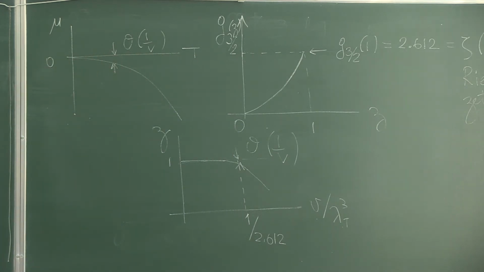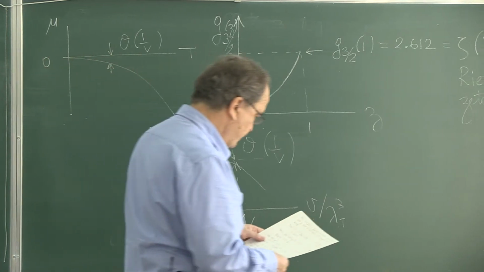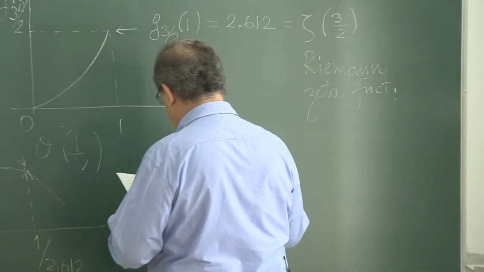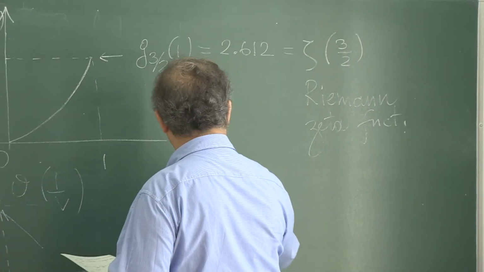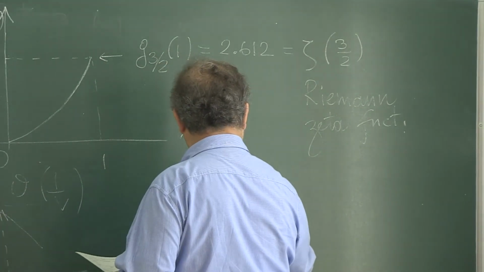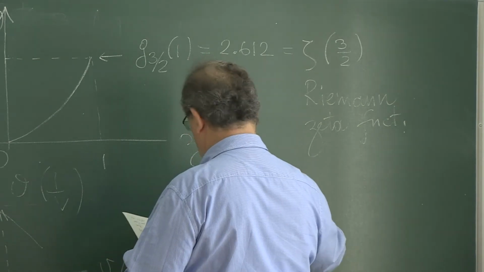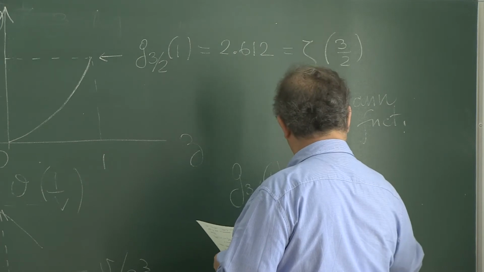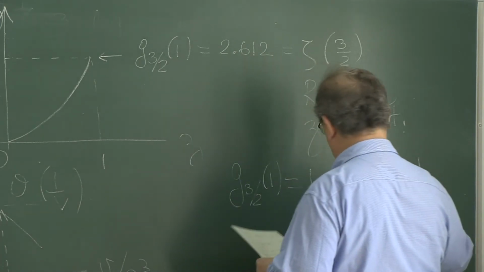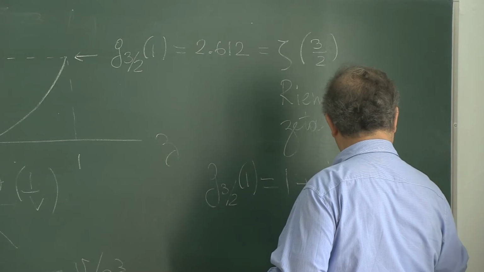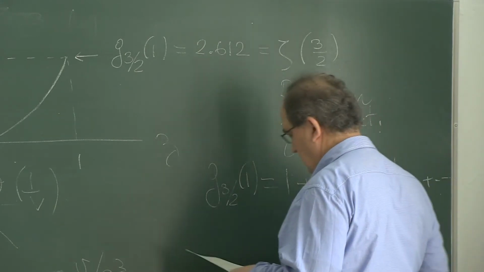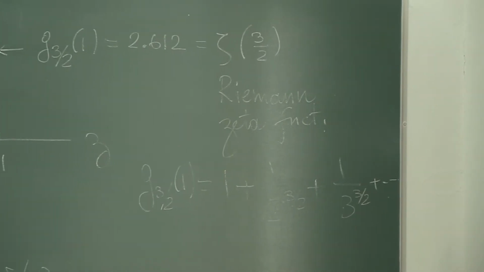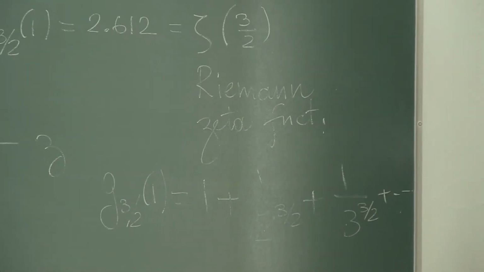Let's remember once more what it is. g 3/2 of 1 was 1 plus 1 over 2 to the 3/2 plus 1 over 3 to the 3/2, etc. That series has that value.